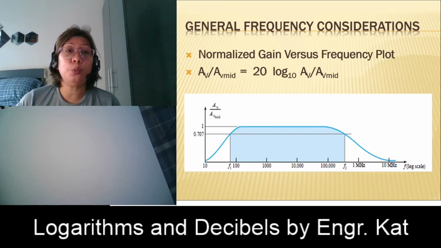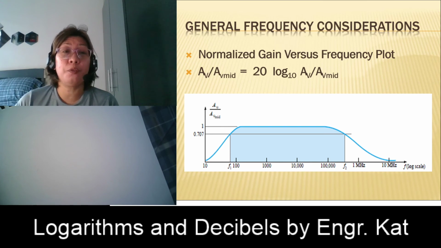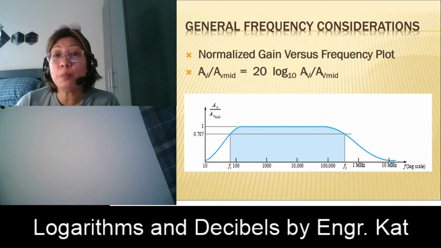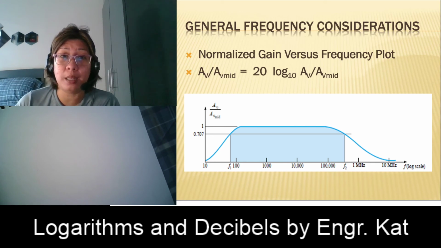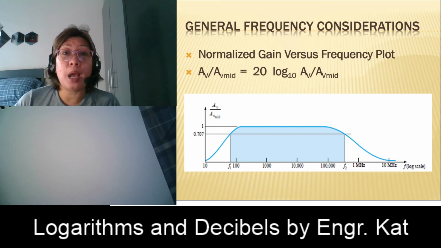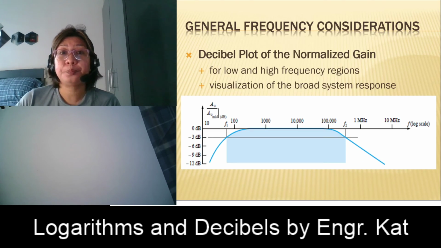In this case, we just divide your AV by AV mid. So that is equivalent to 20 log of AV over AV mid. But at midband, this is equivalent to 1, because at midband your AV is equal to AV mid. Then slightly, so this is 1, at 0.707 here, it drops. So it is 0.707 of your AV over AV mid.